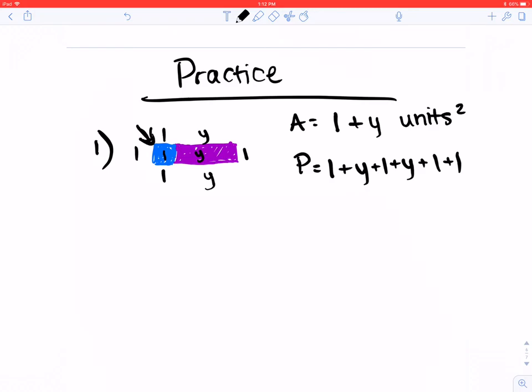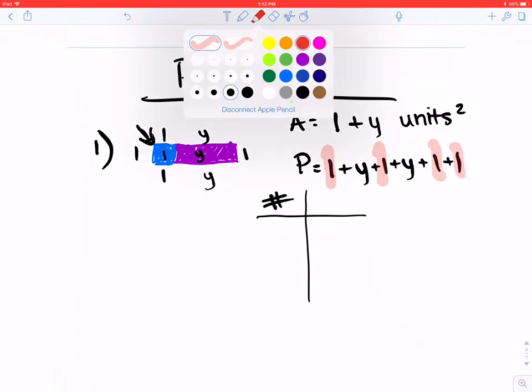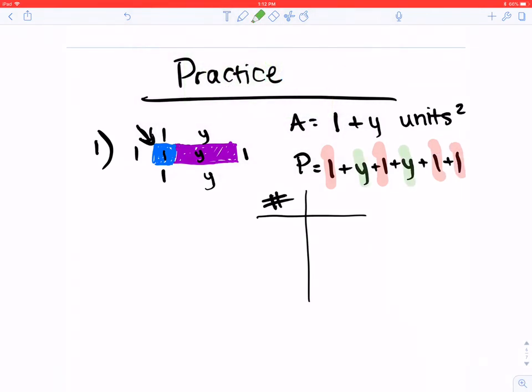Now, when I combine like terms, I like to use something that I call a slot machine or categories. What I'm going to do is I'm going to make a table, and here I have two different terms. I have a number term, some like to call it hashtag. Those would be my ones. And then I have a Y term. So I'm going to label my other category Y. I'm going to write these in, and I'm going to include the sign that comes before.